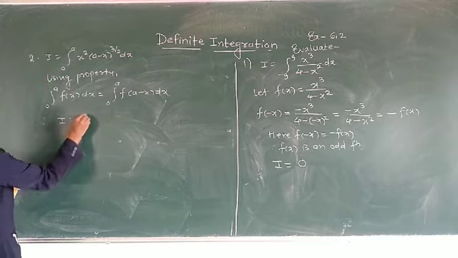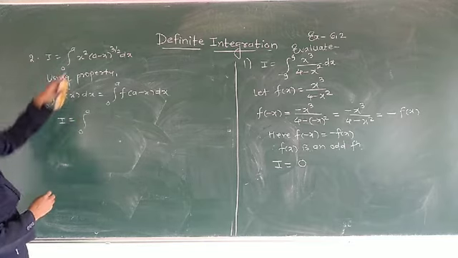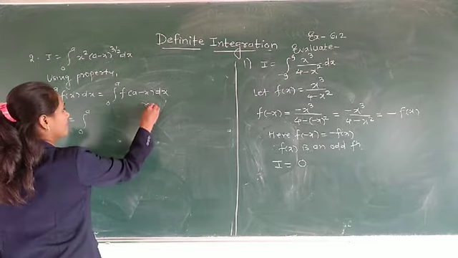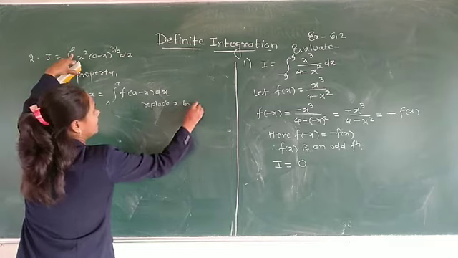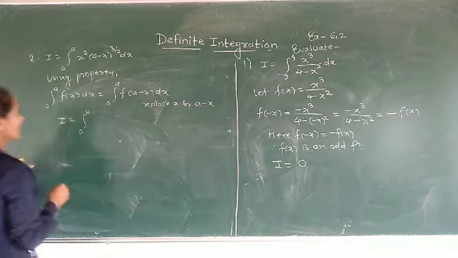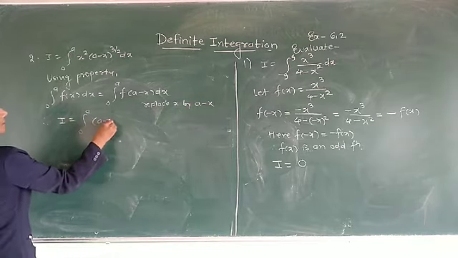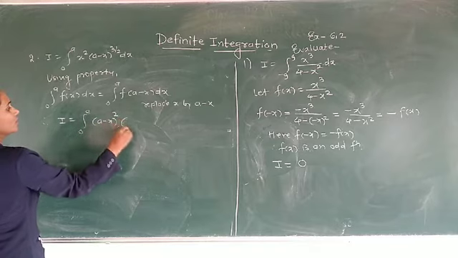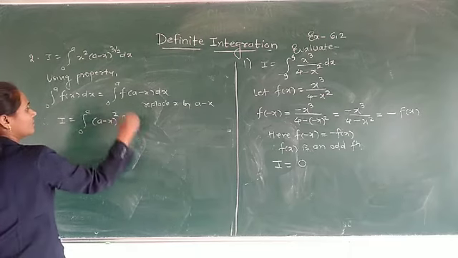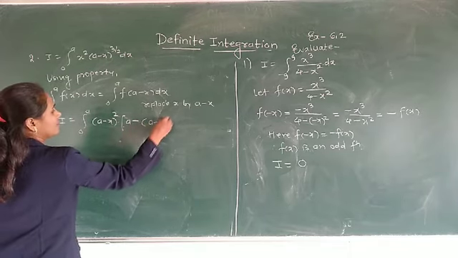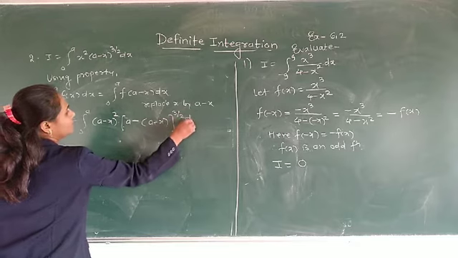Since here we get 0 to a, replace x by a minus x. Therefore, (a minus x) square into, a as it is, minus instead of x we write (a minus x), raised to 3 by 2 into dx.